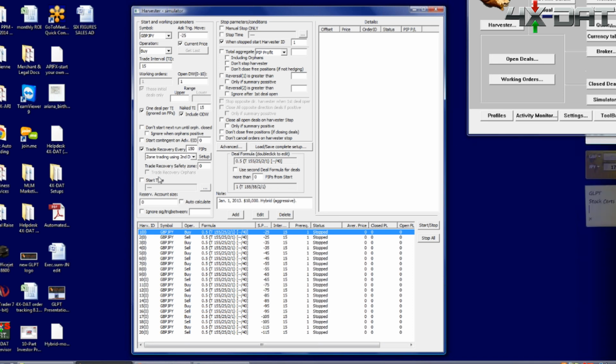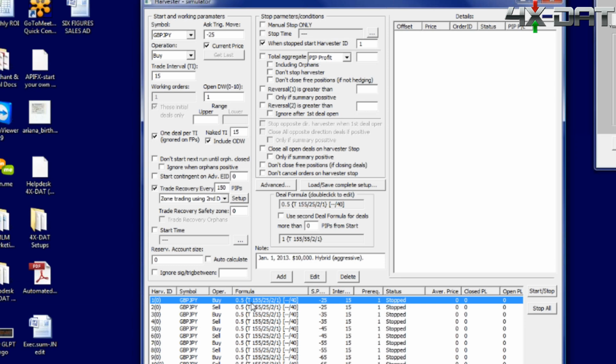You've got some additional setups. Again, I'm not going to go into them, with the exception that each and every harvester has what we pride ourselves in: the development of what we call the trade recovery. Each and every trade opened by the strategy will have a trade recovery zone.